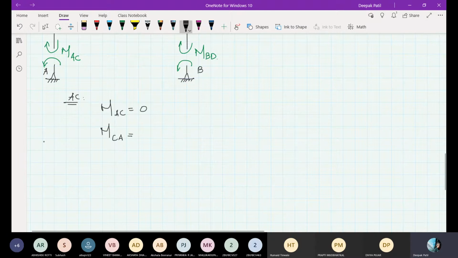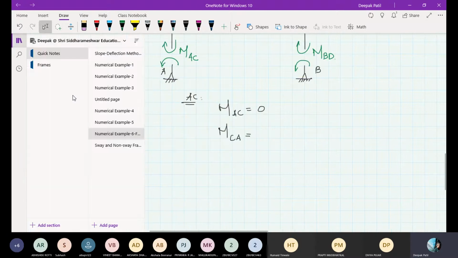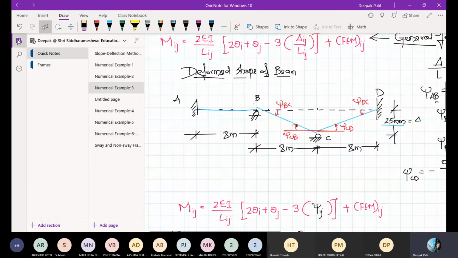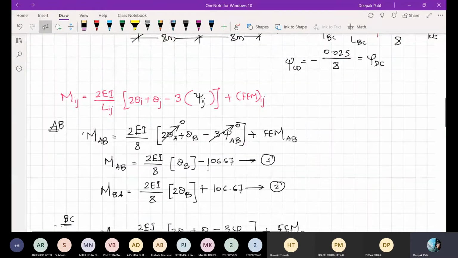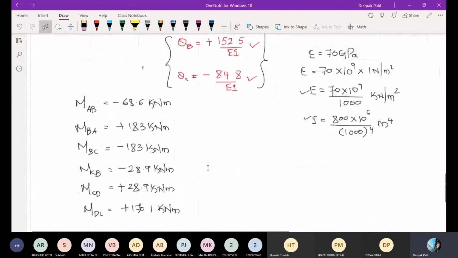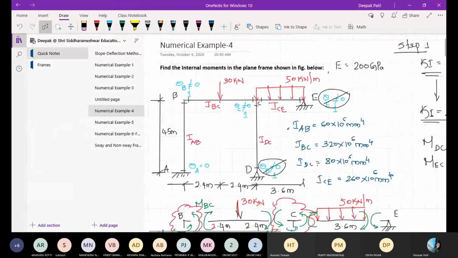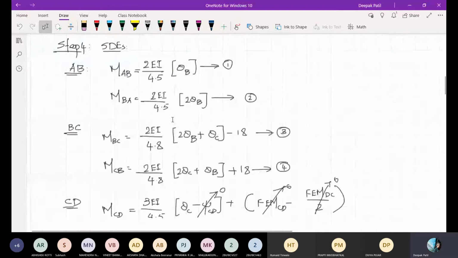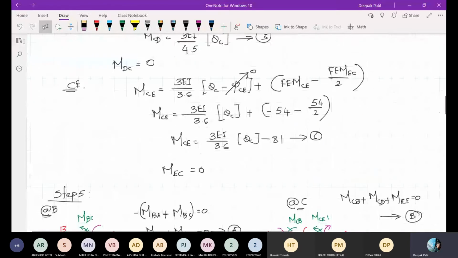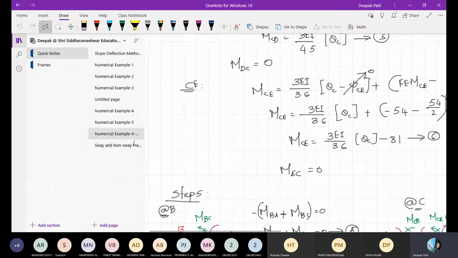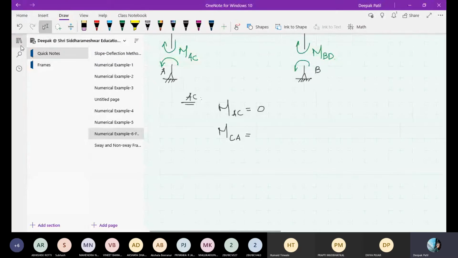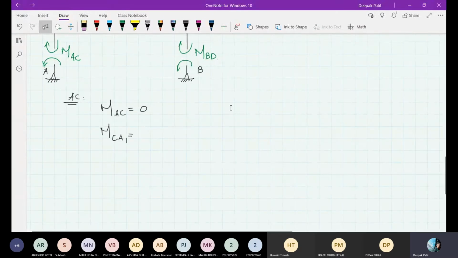If you remember, this is the modified slope deflection equation. I have not written it in this numerical example, so let me write that once again, the general form.